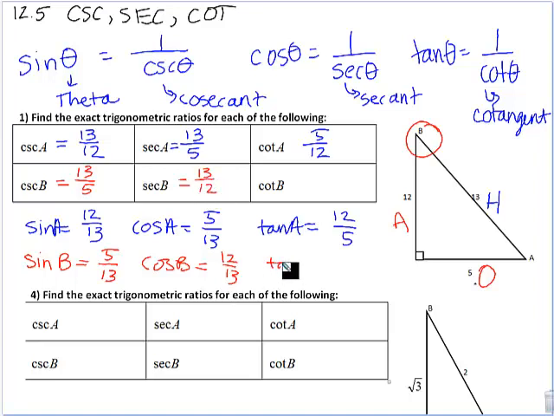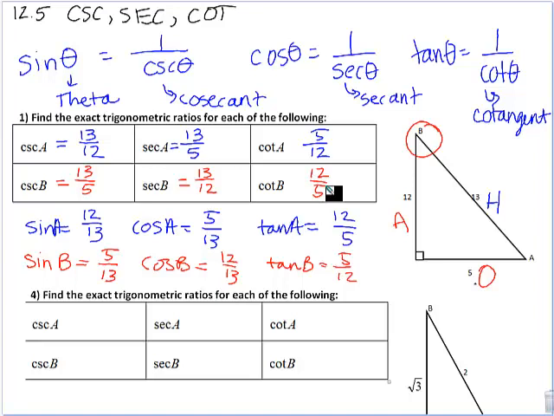And then tangent of B would have to be what? 5/12, so cotangent of B would have to be 12/5. Is that okay? Pretty straightforward? Okay. You got it, or do we need to do another example of it?